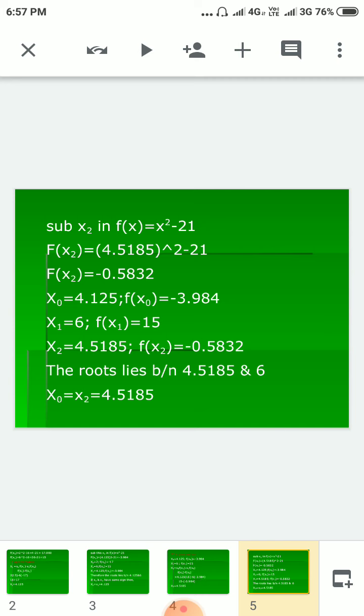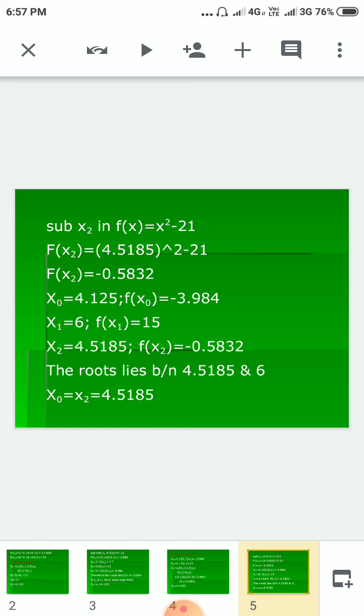Once again we have to check where the positive and negative values are, and therefore we can say that the root lies between 4.5185 and 6, because f of x2 is negative here and f of x1 is positive. Therefore the root lies between these two values.